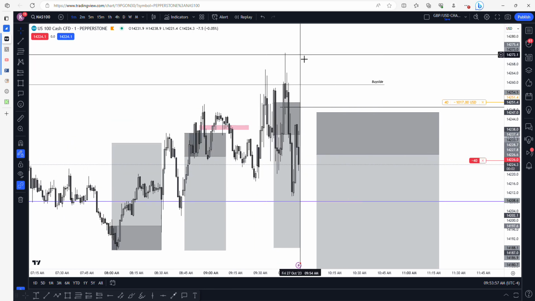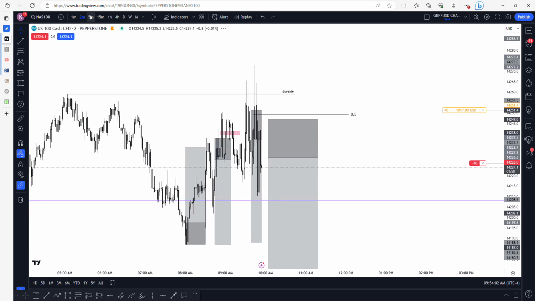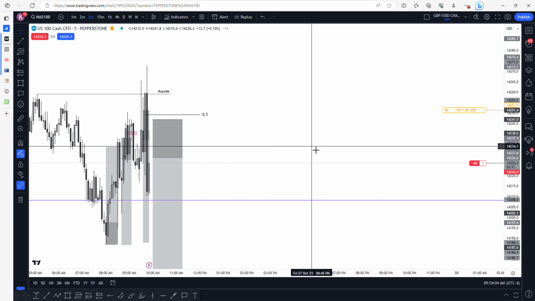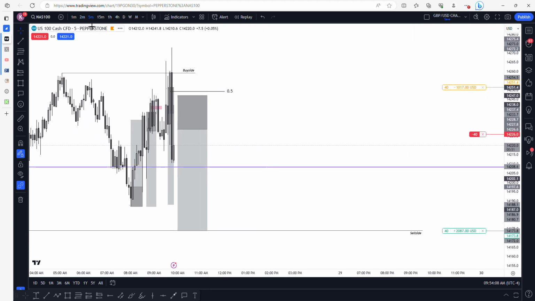But basically, this high should be protected at this point in time. If price really wants to go lower, price should not revisit this high at all. It's protected at this point.